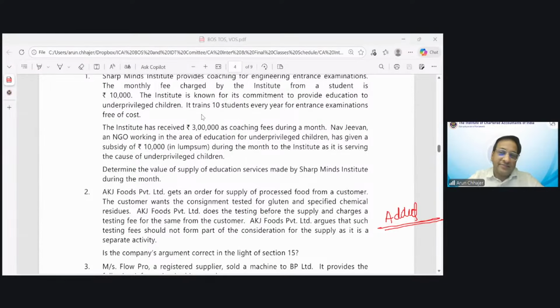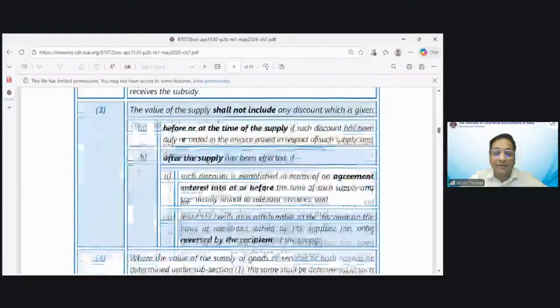What is the reasoning that you will give? नहीं. Necessary for supply? No. रीजन क्या होगा?